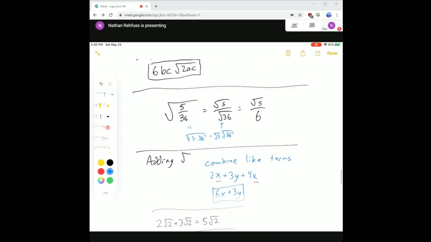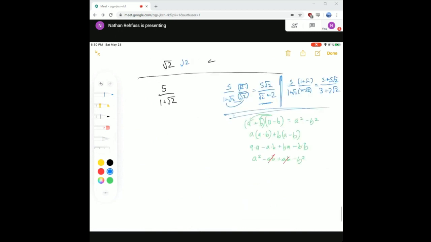Okay. Here we are. An application of this is if I want to do 1 plus root 2 times 1 minus root 2. In the end, this is my a, this is my b. 1 is a, root 2 is b. So I'm going to get 1 squared minus root 2 squared, which is 1 minus 2, which is negative 1.